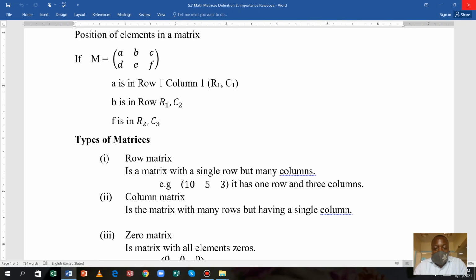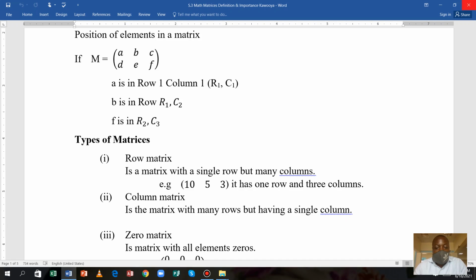The example we have is 10, 5, 3. That one shows clearly that we have one row and many columns.